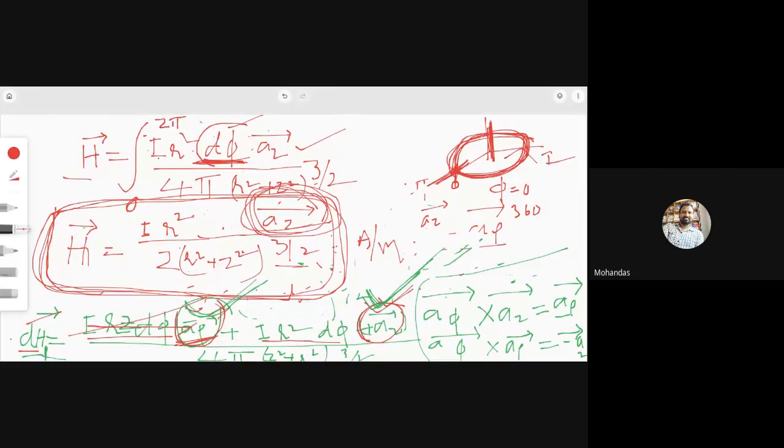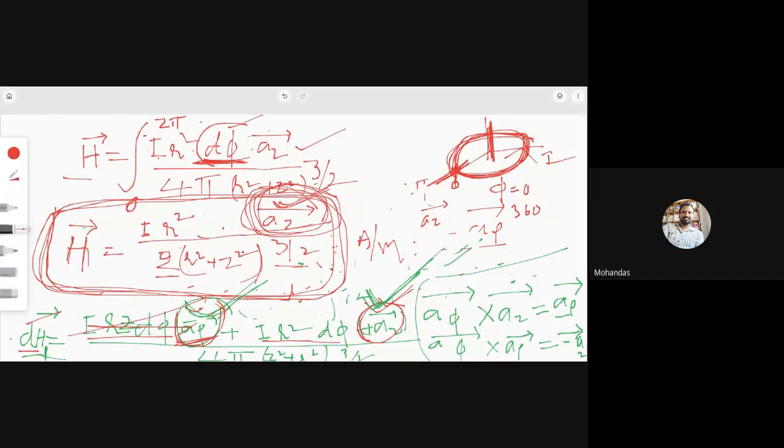So 2 pi over 4 pi, if you cancel, leaves 2 in the denominator. Then the magnetic field intensity H equals I R square divided by 2 into R square plus Z square whole to the power of 3 by 2, in the direction of aZ. What is the direction of aZ here? It will be in the direction of the field point.